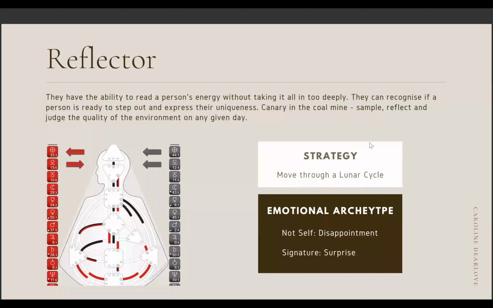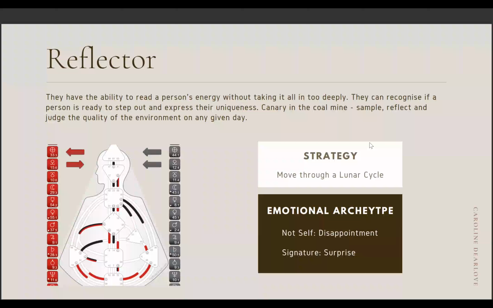But the beautiful thing with a reflector as well is that their signature is surprise, and really being surprised. Like, how does surprise light them up? How can they connect to surprise? And really watching any type connect in with their signature is just wonderful.